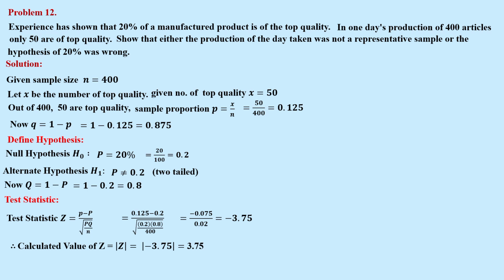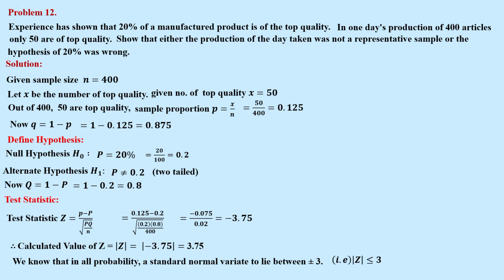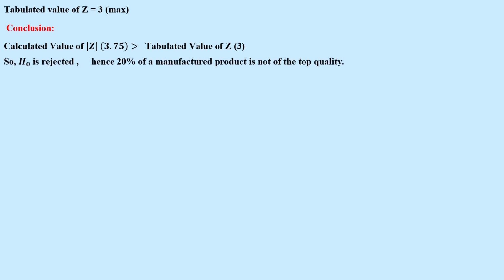Calculated value mod Z is equal to 3.75. We know a standard normal variate lies between plus or minus 3, so Z is equal to 3, we are taking the maximum value. So conclusion: calculated value is greater than tabulated value, therefore H naught is rejected, therefore 20% of manufactured product is not of the top quality.